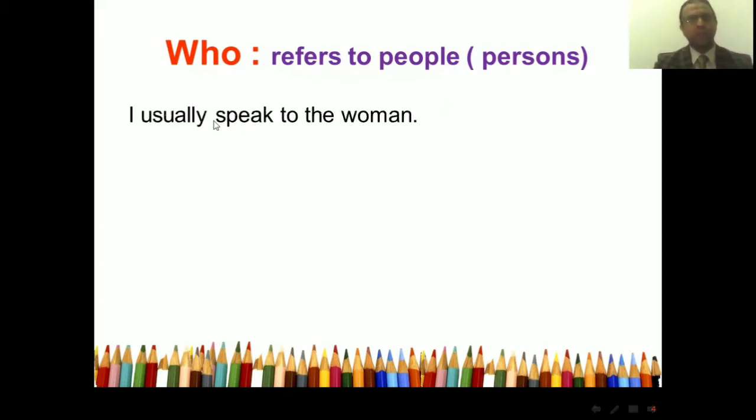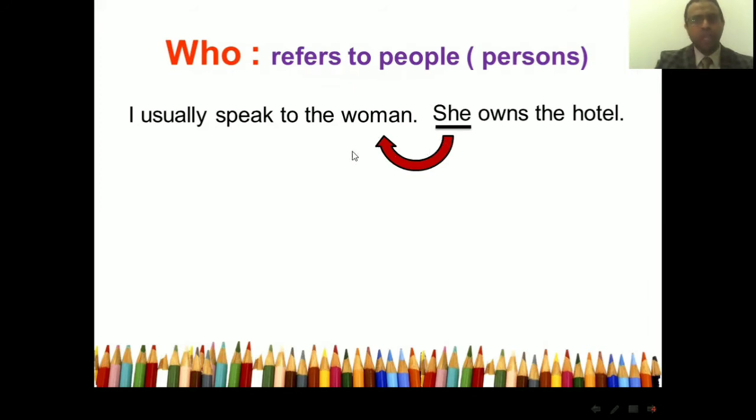Let's see this example. I usually speak to the woman. She owns the hotel. She refers to the woman. So the woman and she are persons. So when I talk about the woman, I use who instead of the woman.